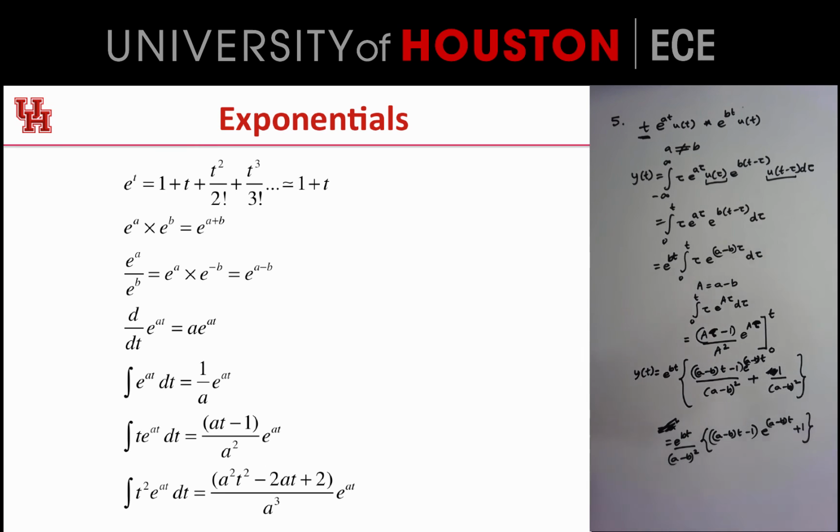If we simplify that by multiplying everything out, when we distribute this over this, we get 1 over (a minus b) squared, times (a minus b) t e to the at, plus e to the bt minus e to the at.